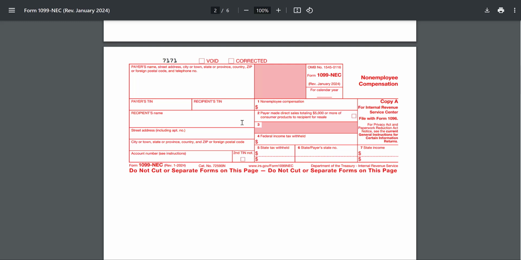If we have paid Sally through PayPal and we have marked goods and services, Sally's payments are potentially subject to 1099-K reporting. And because they're potentially subject to 1099-K reporting, they don't go on 1099 NEC, okay?